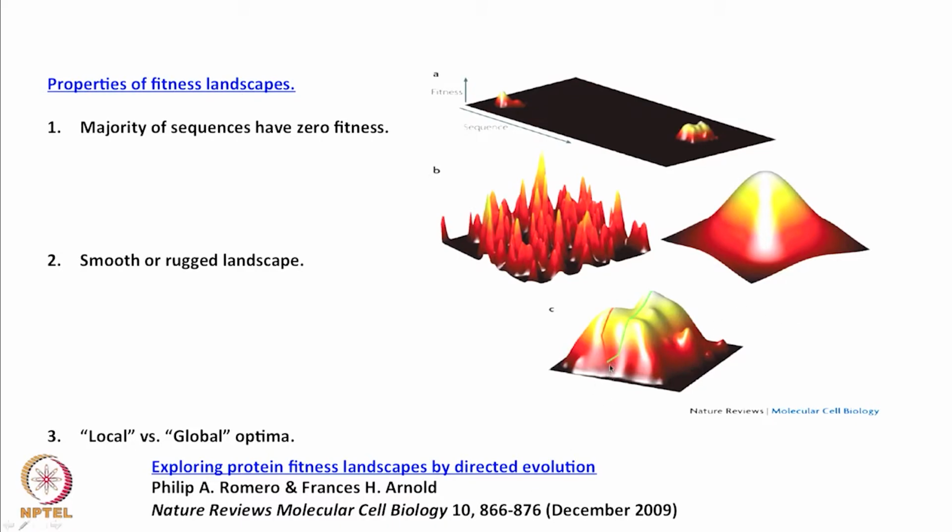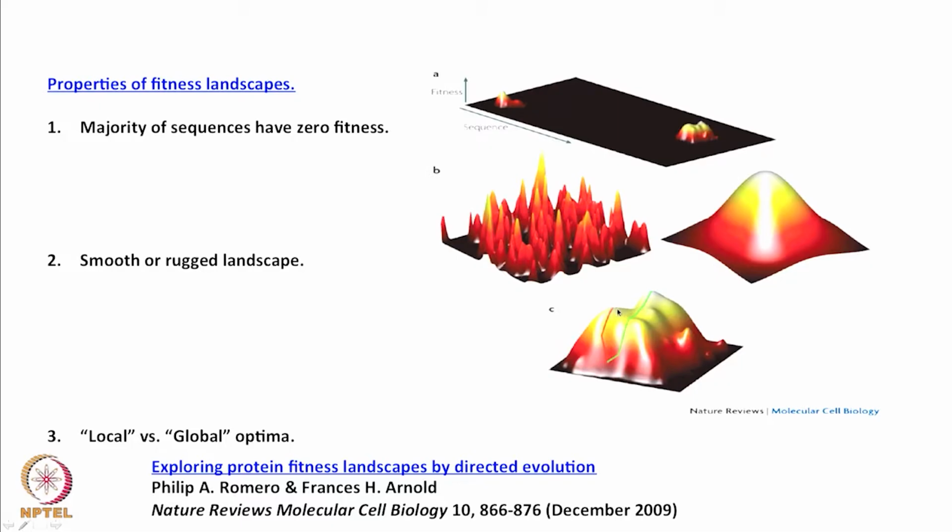So this is your starting genotype. Now, because mutations are random, you could have the first mutation take place in this direction, or you could have the first mutation take place in this direction. If the first mutation was in this direction, then you eventually reach this peak via consequent acquisition of beneficial mutations leading up to this peak, and once you reach here, you stay on this peak because this is now a local optimum.